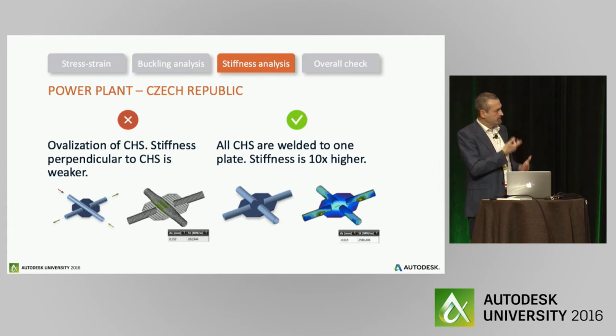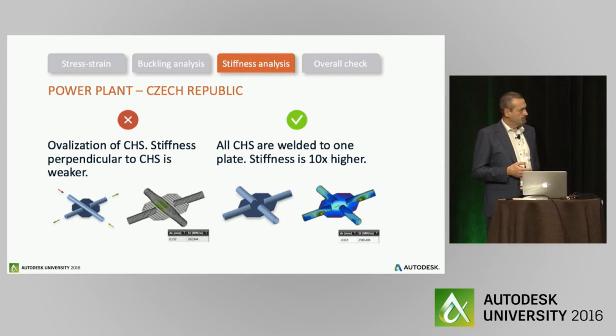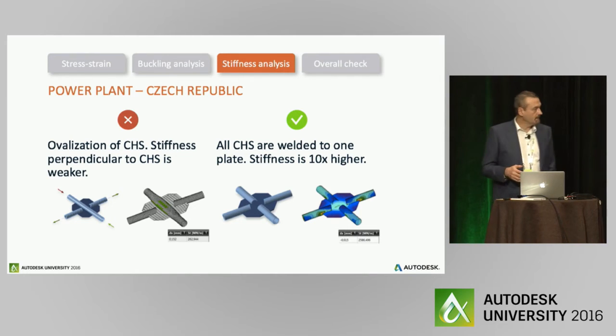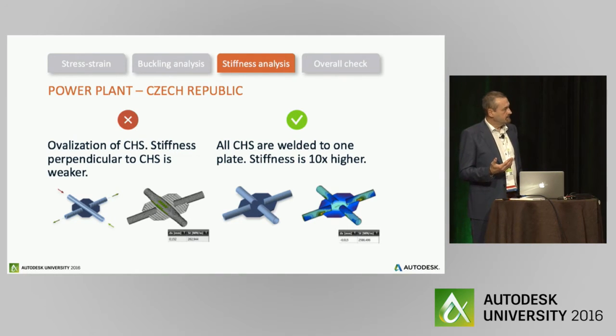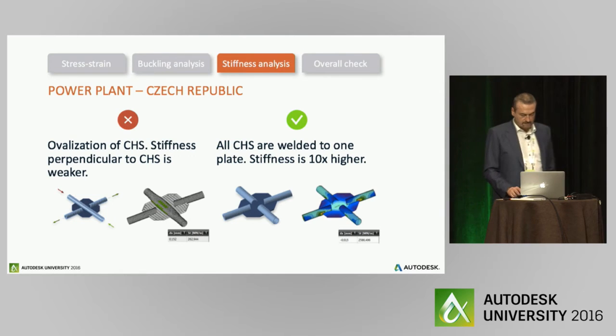And there is ovalization of this tube, and it's not very good for this connection. If you do it in this different way, then you get the joint which is 10 times stiffer, and in fact for the same money.